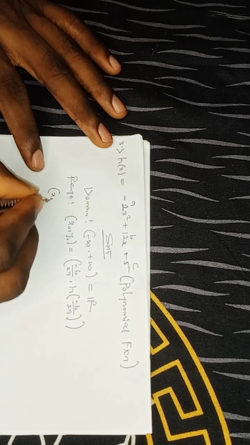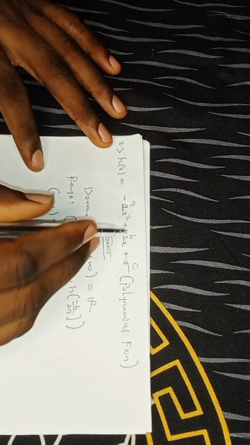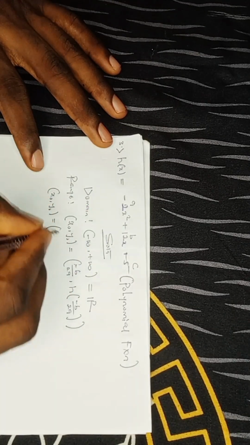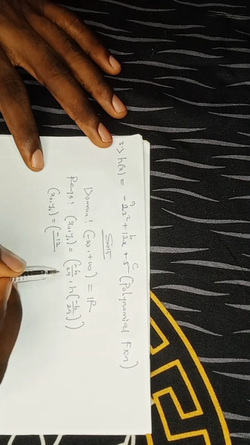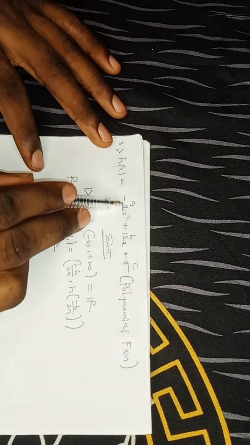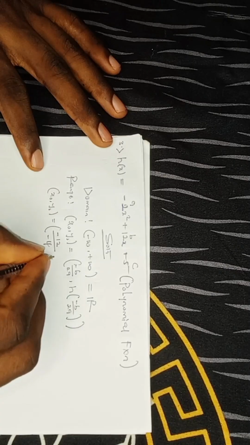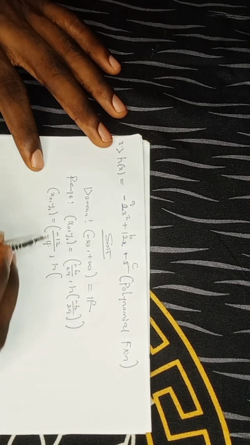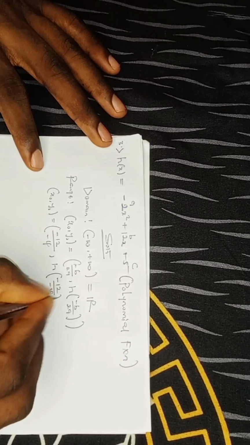So (x naught, y naught) will be equal to (minus b, ...). What's my b? 12, and 12 is positive, but because the formula carries minus, I'll have minus 12 all over 2 times a. What's my a? My a is -2. So -2 times 2 gives -4. And comma h of minus b all over 2a, which is h of -12 over -4.